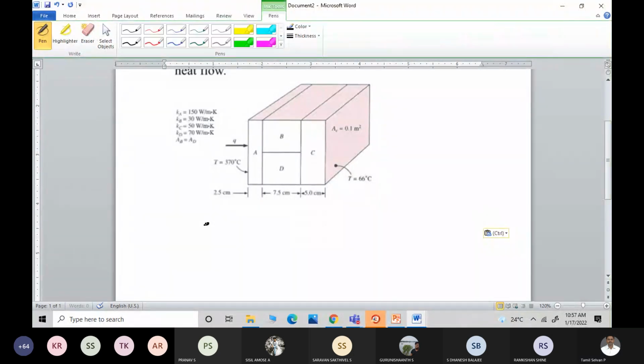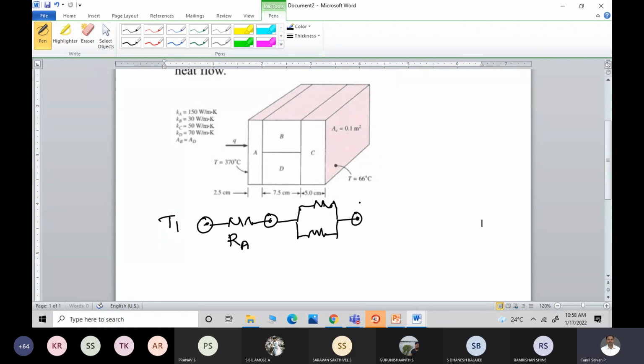So you have T1 and the resistance offered by A, and then this is T2, this is T3, T4.